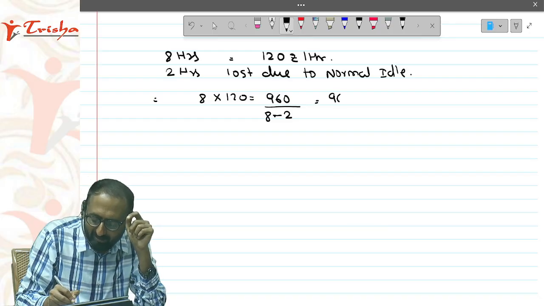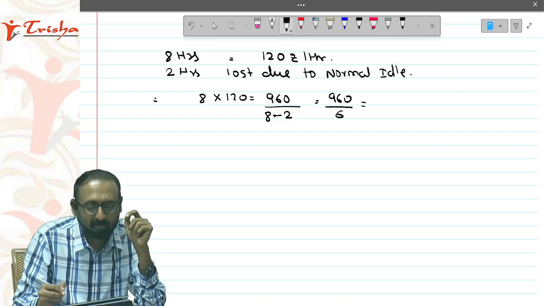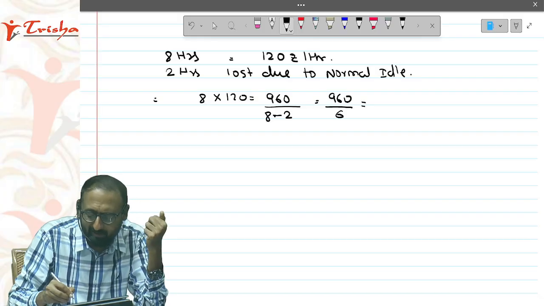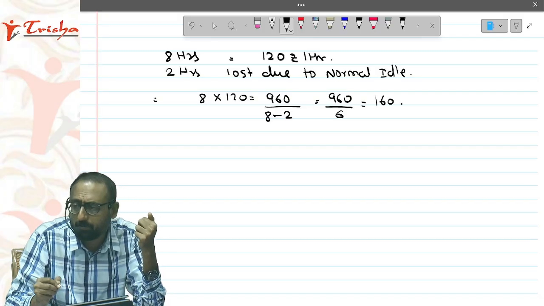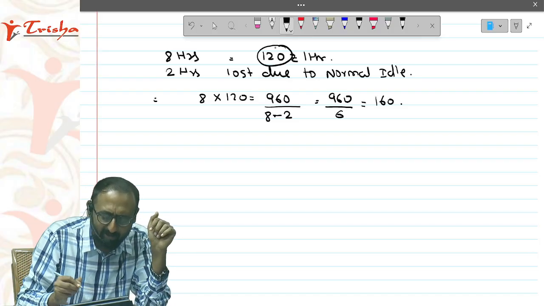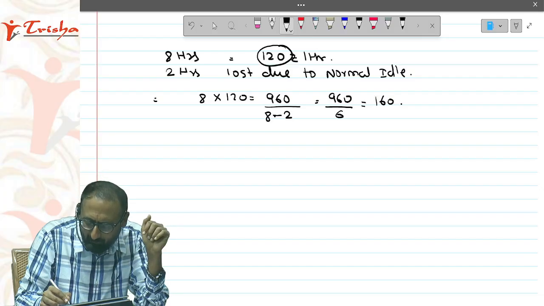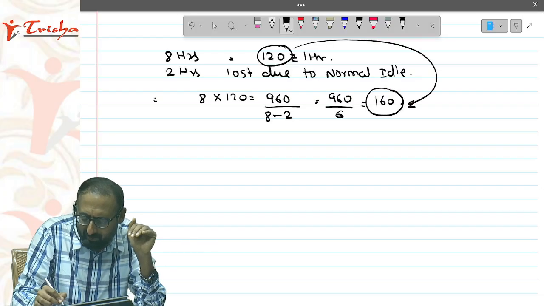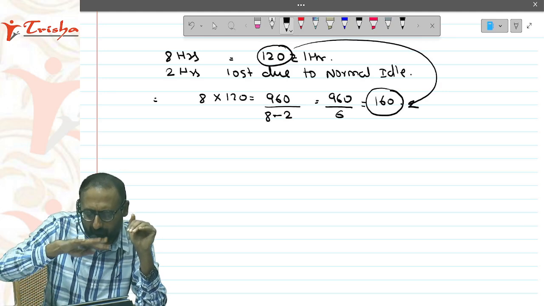So 960 divided by 6 hours. What is the effective rate per hour of that direct worker? It is 160 rupees. What was the normal wage rate per hour? It was 120. So the wage rate is inflated from 120 to 160.